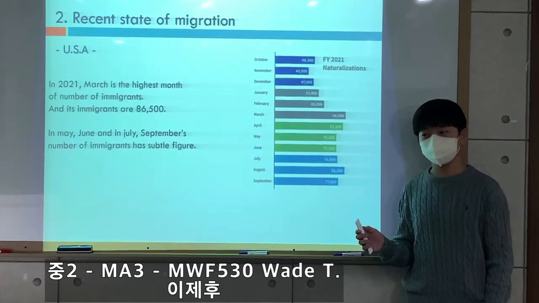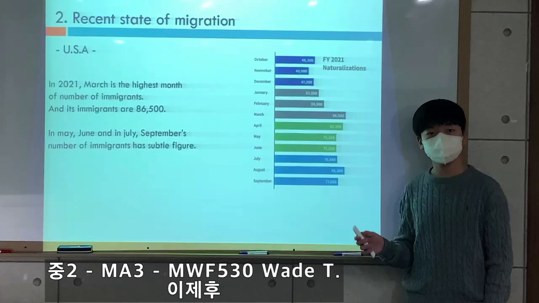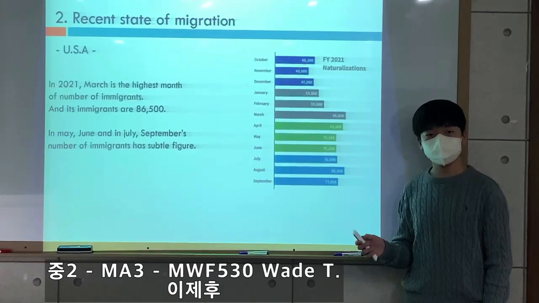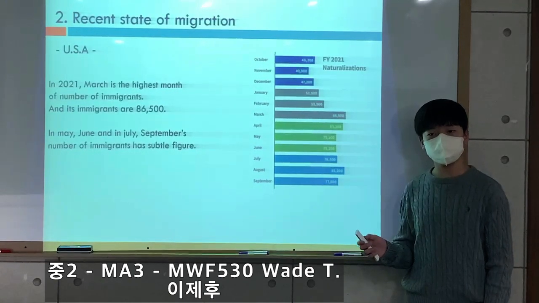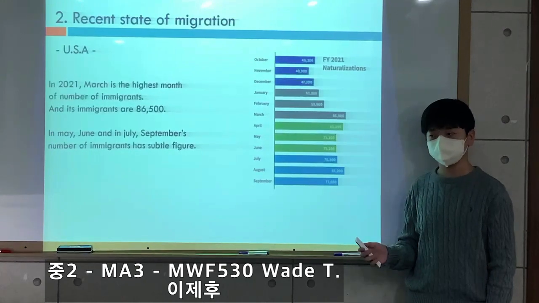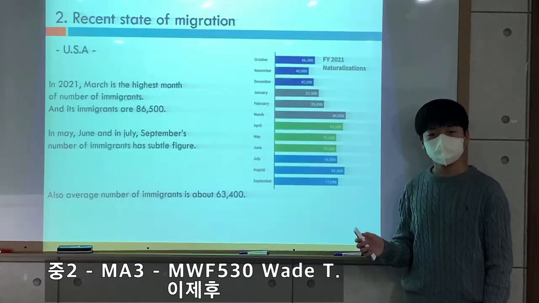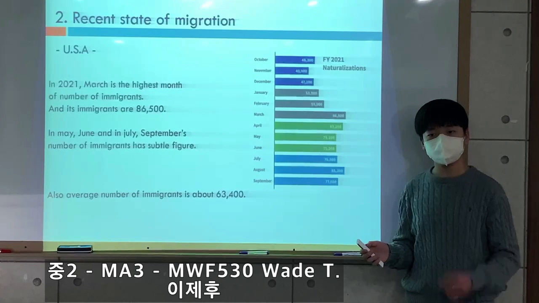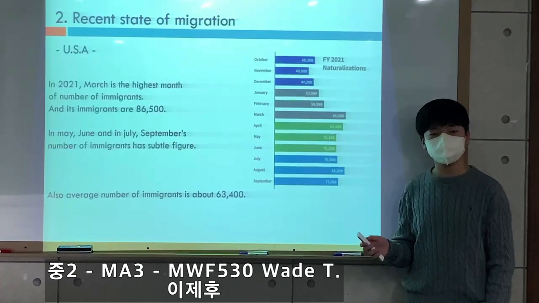In 2021, March is the highest month in the number of immigrants, about 86,500. In May, June, July, and September, the number of immigrants has a softer figure. Also, the average number of immigrants is about 63,400.